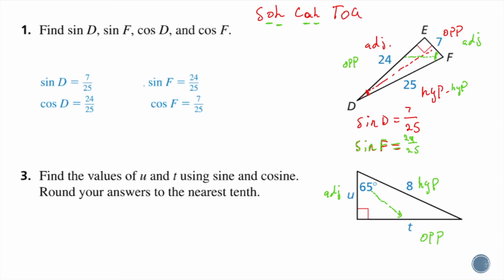So in order to do this, I have sine of 65 degrees is equal to the opposite over the hypotenuse, and cosine of 65 degrees is equal to the adjacent over the hypotenuse.